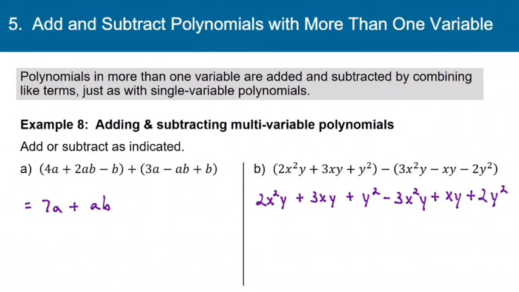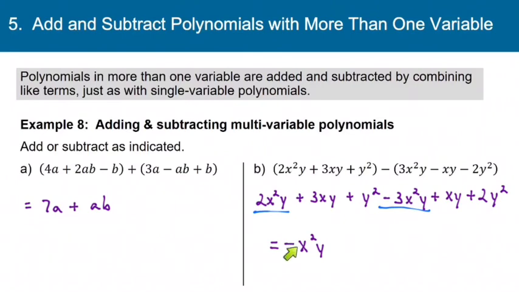And now let's just carefully combine the like terms. There's no right or wrong order here, so I'm just going to start with the x squared y terms because that comes first, and honestly it doesn't matter what order you do them in. So here I have 2x squared y minus 3x squared y. Together that adds up to negative 1x squared y.